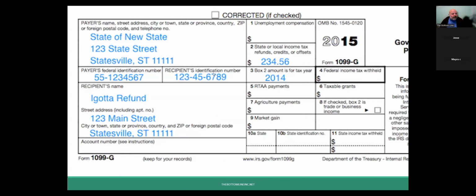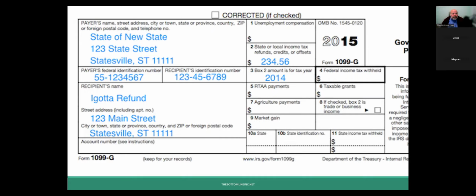Here's another 1099-G for just state and local. She overpaid her state, I'm going to assume it's a she. When you ask about rounding numbers, we would put in our software $235, because we're going to round that up.